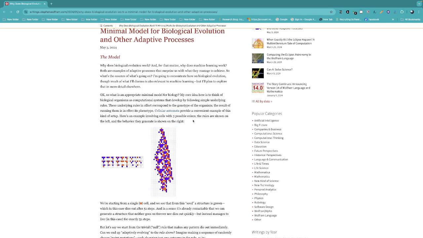In this case, he builds a cellular automaton example using cells with 3 possible colors. The rules are shown on the left here. So you have these transition rules depending on what your neighbors are doing. That influences the state that the focal cell takes on, and then that is applied in parallel so that you get these sort of collective behaviors.